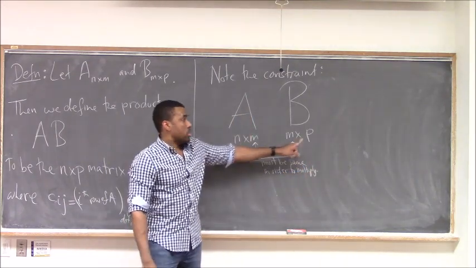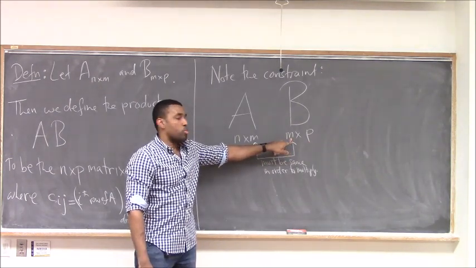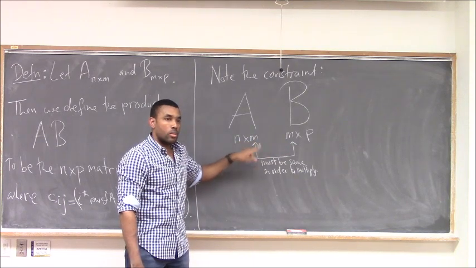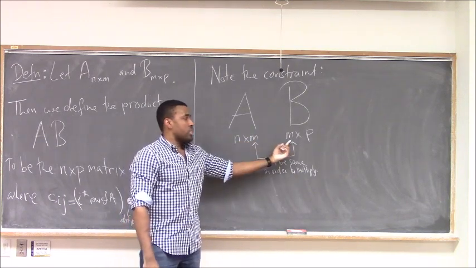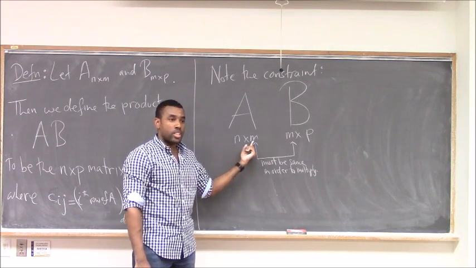Why? This is the input dimension, that's the output dimension. So the output dimension of this must be equal to the input dimension of that guy. Right? So if this output is in an m-dimensional space, that guy better take an m-dimensional vector as an input.